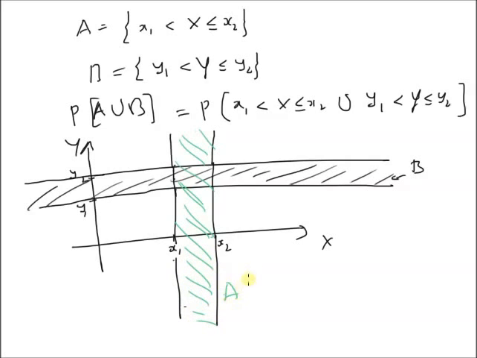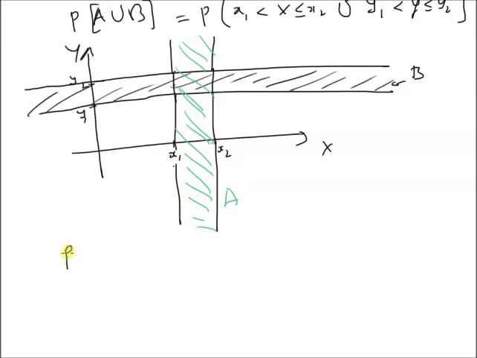This is event A. So the union of events A and B is basically the two regions represented by this plus-shaped region, that is the region in green and the region in black. We want to calculate the probability of this total region.